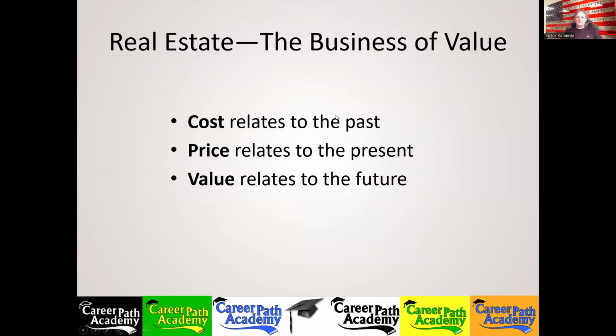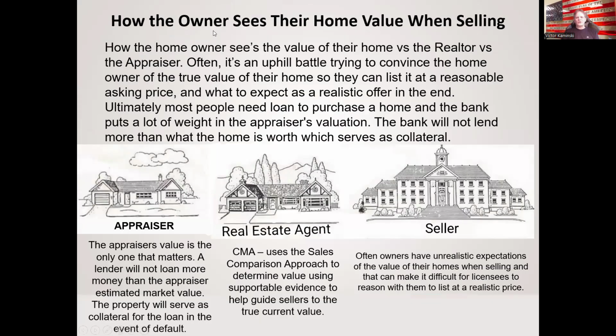All right, so cost relates to the past, price relates to the present, and value relates to the future. And we could see this here where the homeowner sees the value of their home versus how the realtor sees it versus how the appraiser sees it.